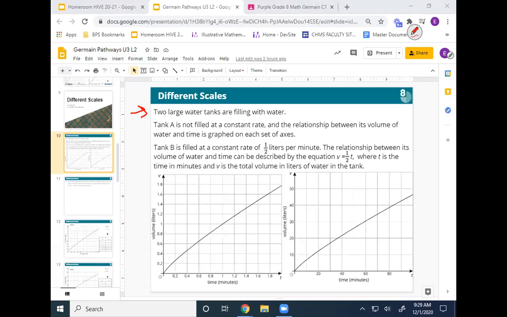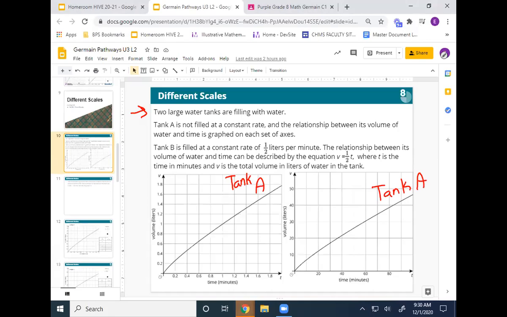So if you're looking at these two graphs down below, on both of these graphs, these are tank A.